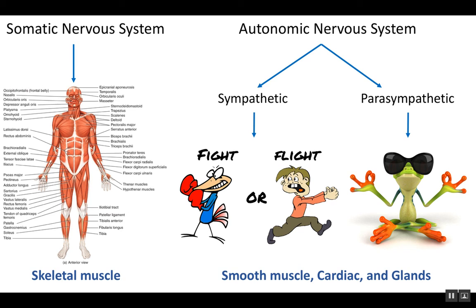U stands for urinary, so urination is parasympathetic. One of the D's is for digestion, the other D is for defecation. This doesn't give you everything, but that gives you a lot of information about the difference between sympathetic and parasympathetic.